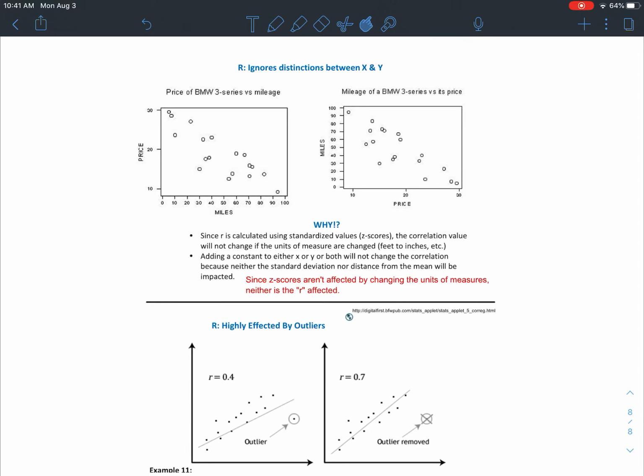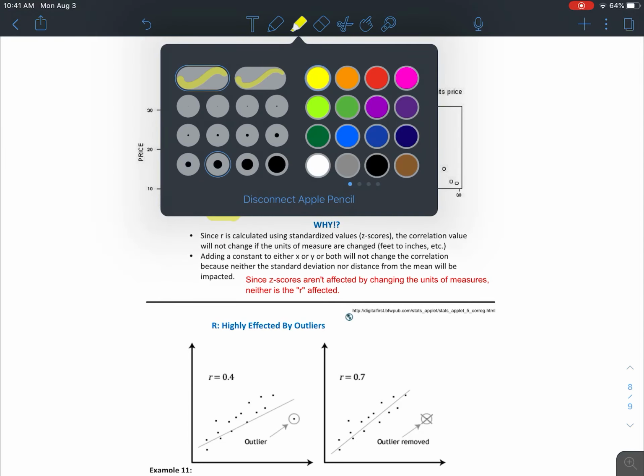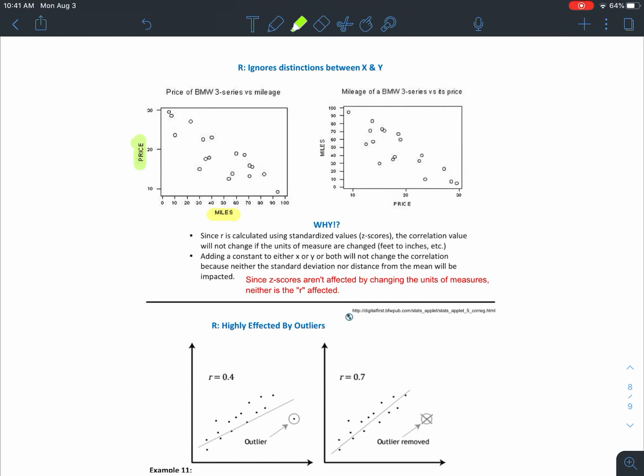Okay, the last page here on these notes looks at that idea of the R value, it doesn't really distinguish between what your X and Y variables are. So for instance, if my explanatory variable is miles and my response variable is price, and I run a linear regression and I get an R value, and then I go back through and I now put the price as my X variable and the miles as my Y variable, I'm going to get the exact same correlation.